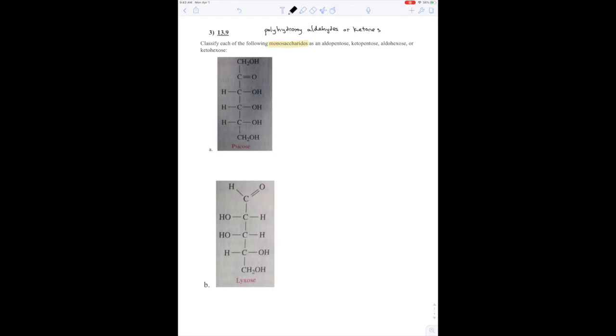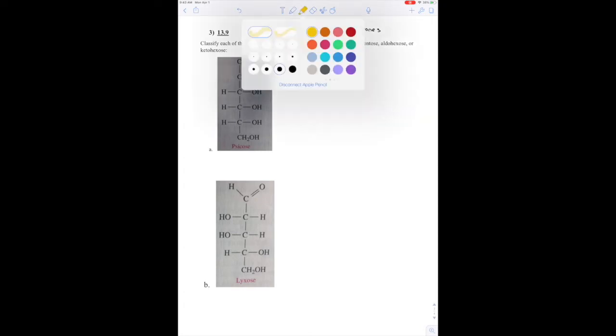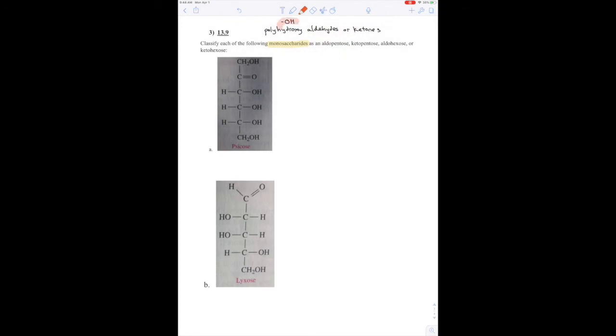The hydroxy here is just an OH. That's a hydroxyl group, and so an OH is the hydroxy. Poly just means you have a lot of them. So notice how many OHs there are in these molecules. So many, hence polyhydroxy.